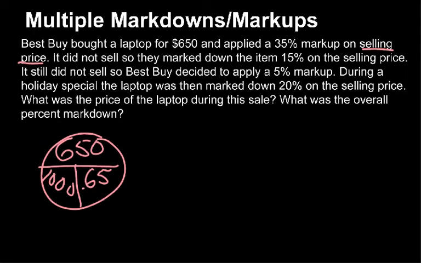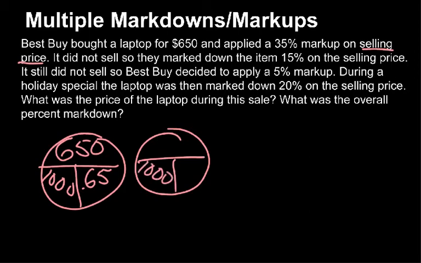Now I'm going to use that $1,000 in my next PBR circle, where I plug in $1,000, and now according to that there's a 15% markdown. Now I want to find the new selling price after the 15% markdown, so I don't necessarily need to find 15%, I want to find 85%, and 1,000 times 0.85 is $850.